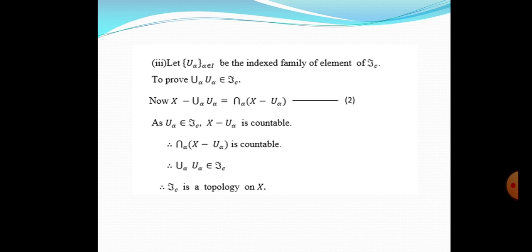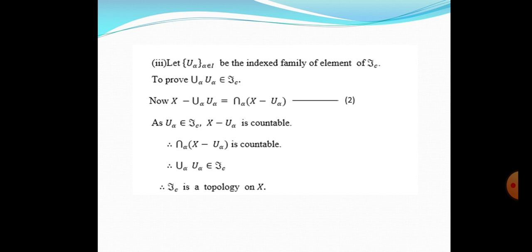What is the third property? The intersection of the elements of any finite subcollection of tau is in tau. So we have to verify the third property. Let u_alpha, alpha belongs to I, be an indexed family of elements of tau c.